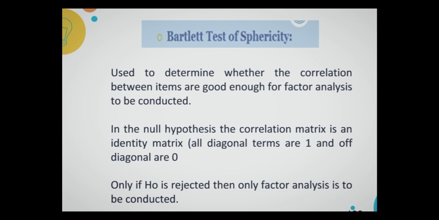So, like I said just now, H note adalah the correlation matrix is an identity matrix. So kita nak reject H note. If H note is rejected, then we can say that the correlation matrix is not an identity matrix. So we can proceed with factor analysis. Okay, clear? That is the Bartlett test.